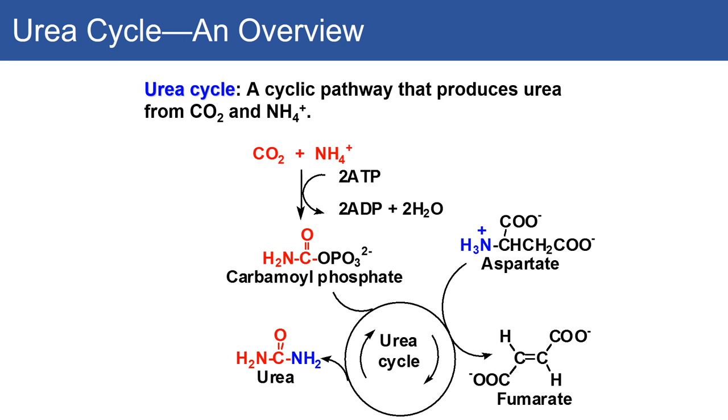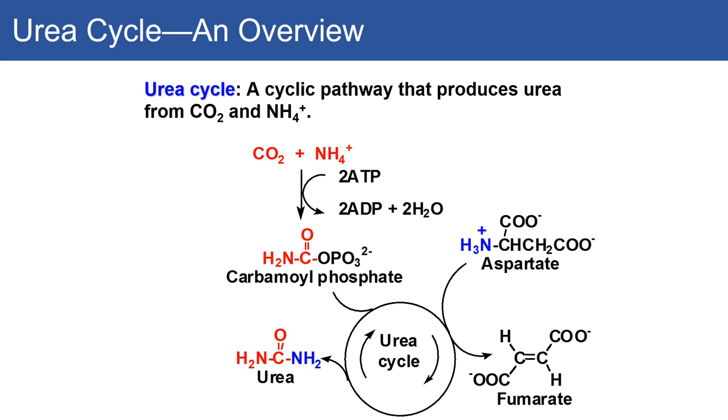So the urea cycle is a cyclic pathway that produces urea from carbon dioxide and ammonia, and it's going to use energy. We start with carbon dioxide and ammonia. We use 2 ATP, and we generate 2 ADP and water. That goes to carbamoyl phosphate. Carbamoyl phosphate enters in with aspartate, and we end up with fumarate.